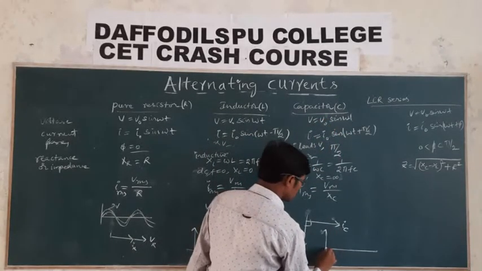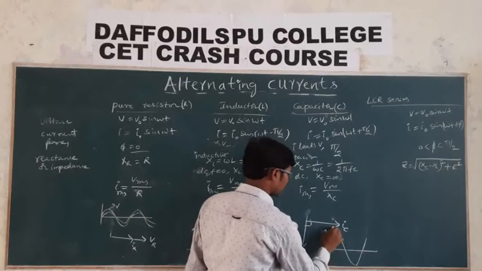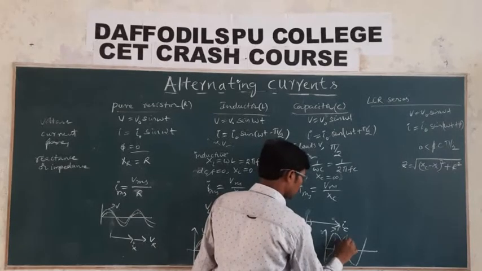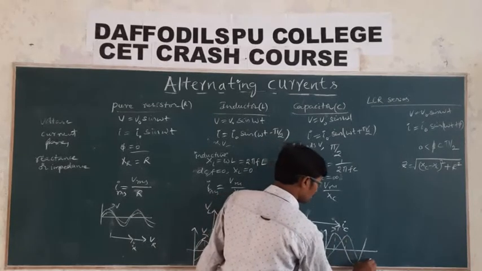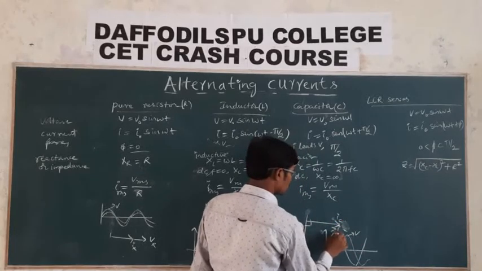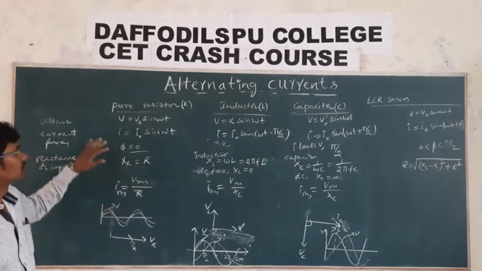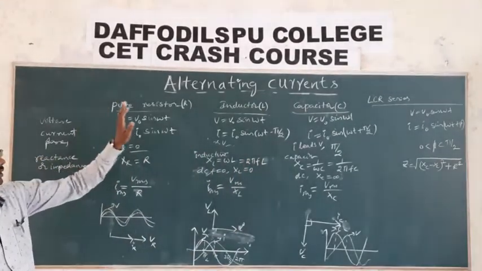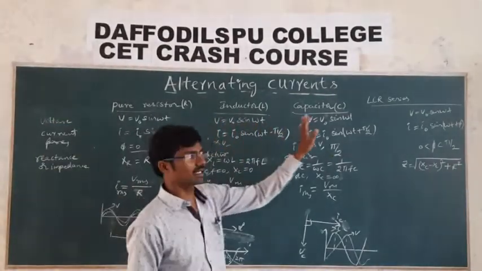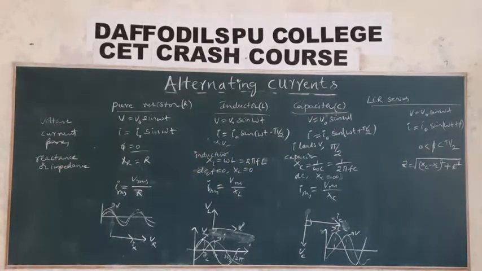So if you are taking current is leading, voltage will be lagging. So this is voltage, this is current. So these are about the information related to this inductor, capacitor and resistor. There is no power loss for the capacitor and inductor circuit, then we have the power loss for only the resistor circuit.